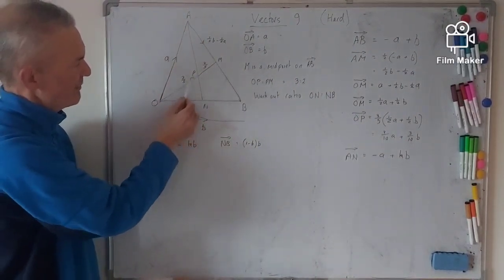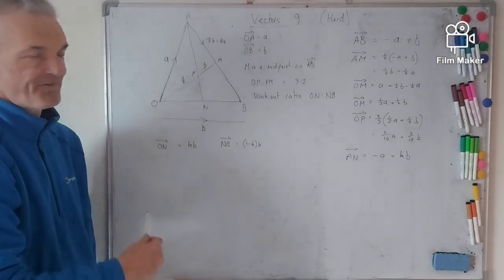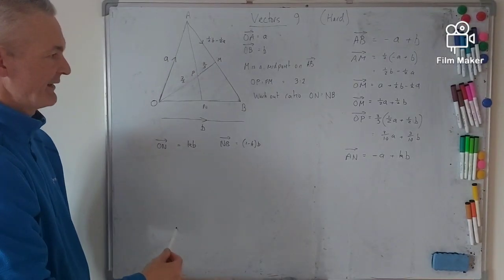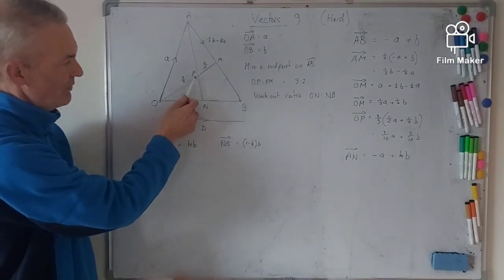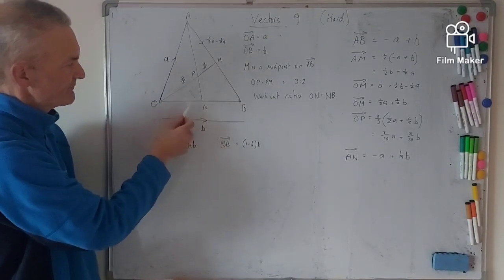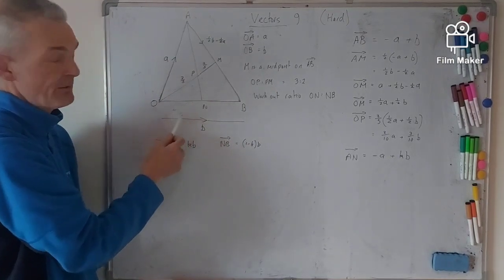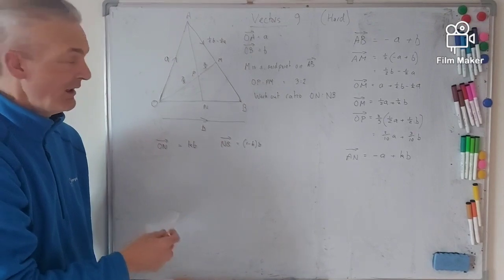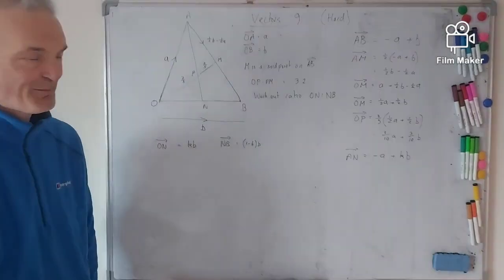And then PN is going to be some fraction of that. So this bit here is a fraction of that vector. And again, we don't know what fraction of it is. So we're going to have to come up with another letter to represent that.